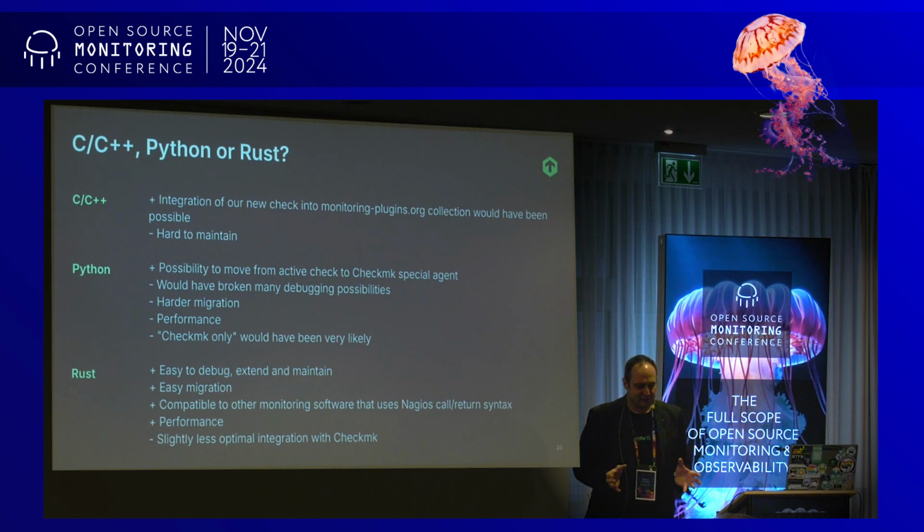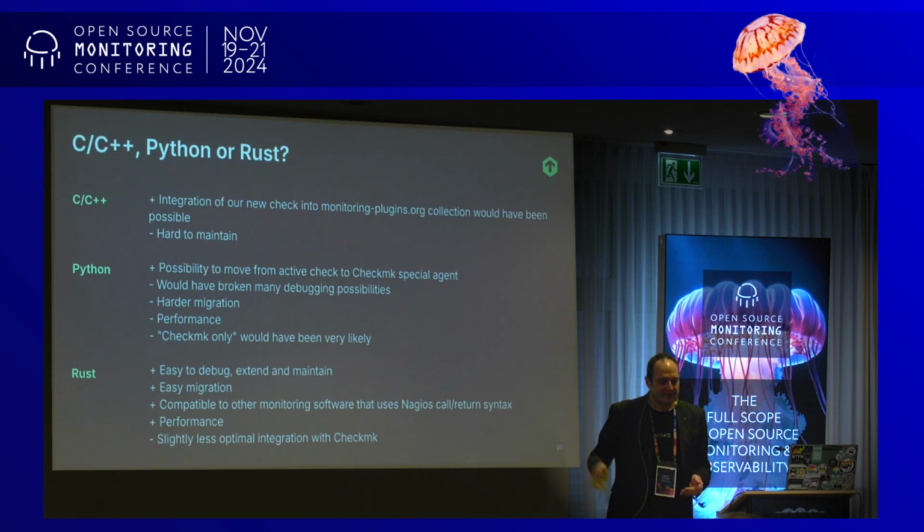The check itself is a standalone binary using the Nagios exit codes and stuff, easier to migrate, and it's compatible to other monitoring software like Icinga, Zabbix, Nagios, Naemon. There might be others as well, and the performance should be quite good. But integration is a bit less optimal than the Python solution.